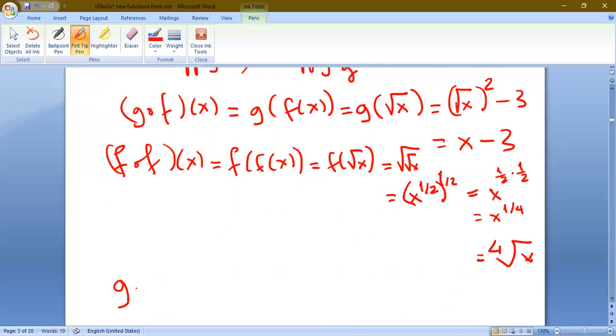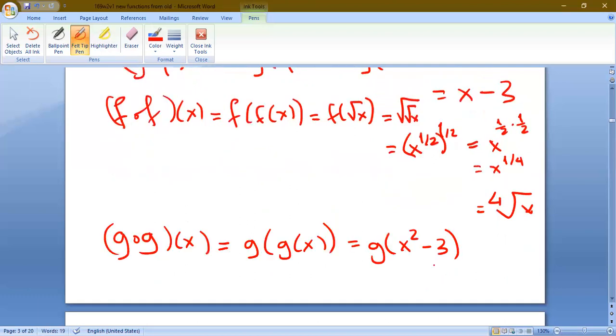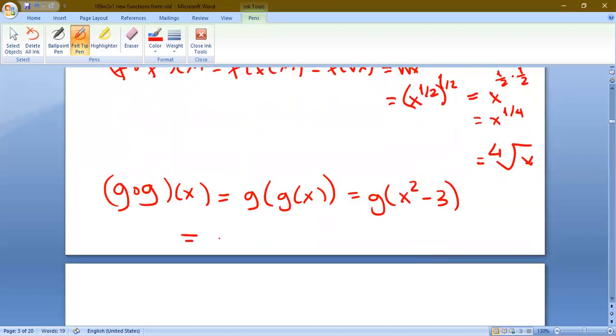Also, let's think about g of g of x. So we will first apply g to the input, which will make the input x to be equal to x squared minus 3. But applying g again will be taking the square of the input. Now the new input is x squared minus 3. So we will take its square and subtract 3 again.